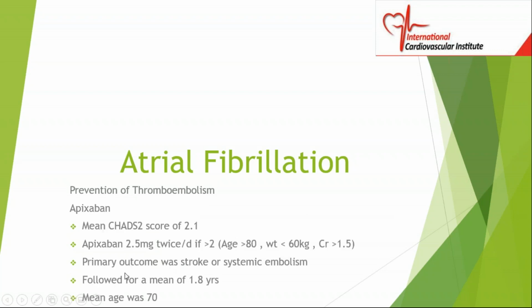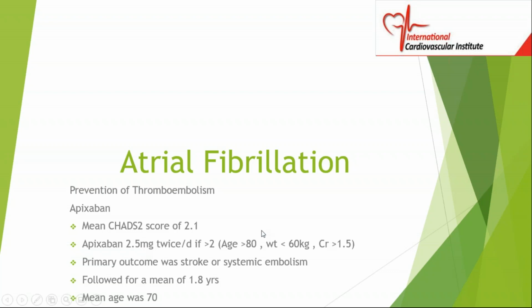18,201 patients. And again, these are old studies, so they use the CHADS-2 score. The score was 2.1. The interesting thing for apixaban is if you have older patients, age greater than 80, weight less than 60 kilograms, or creatinine greater than 1.5, if you have two of these three, you have to halve the dose of your apixaban.